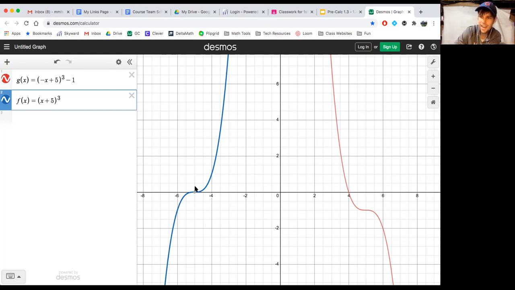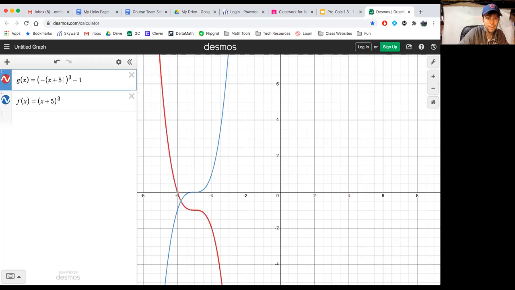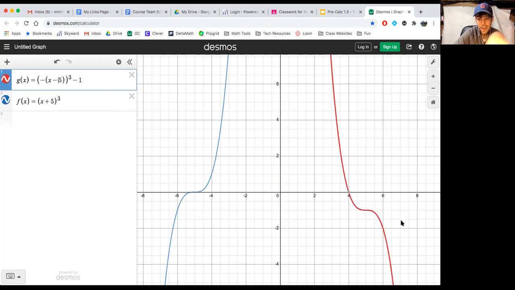After we moved it to the left, now we apply this reflection, we can kind of see how it's going. The other thing that can happen here is if you kind of factor this negative out and you end up with a negative negative, like if I were to distribute that back in, it would end up being the same thing. You can see a little better how it's happening. We actually moved it to the right and flipped it horizontally.